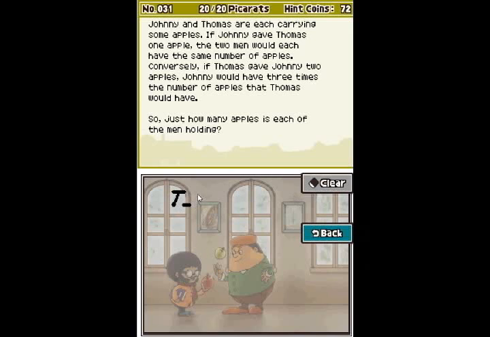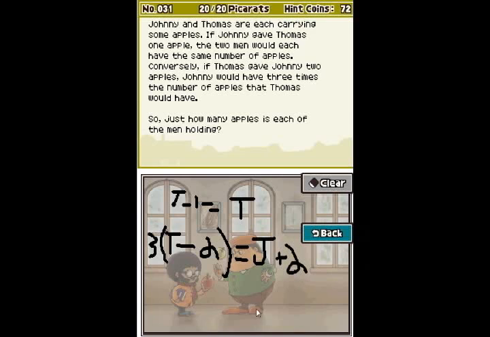J minus 1 equals T. T minus 2, so 3 times T minus 2 equals J plus 2.